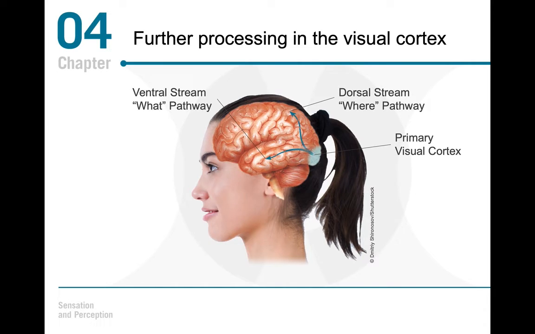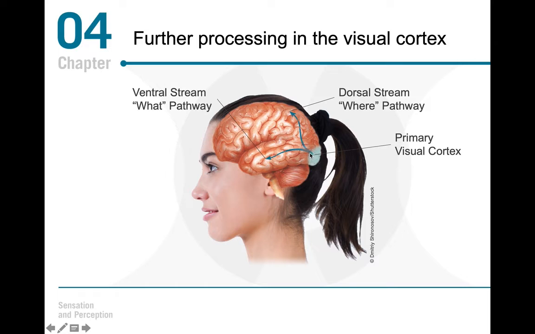So it basically processes form as well as color. So if there are any cells in the ventral stream that are damaged, you're going to have some problems trying to identify form and color. On the other hand, the cells in the dorsal stream process details pertaining to motion and depth. That's why it's called the where pathway right here.